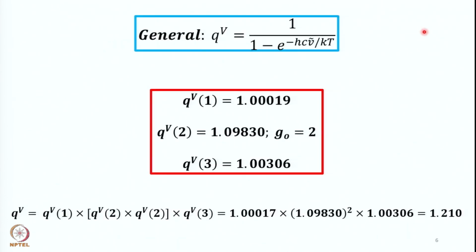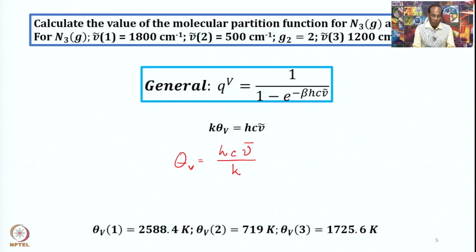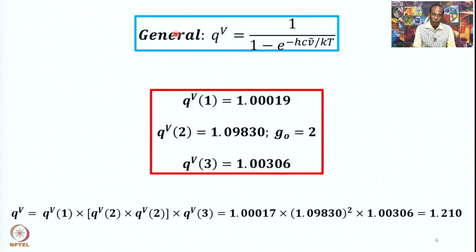The first one, which was the highest, let us go back and look at. The first one is the highest wave number, 1800 centimeter inverse, and for that highest wave number, the corresponding vibrational partition function is 1.00019.